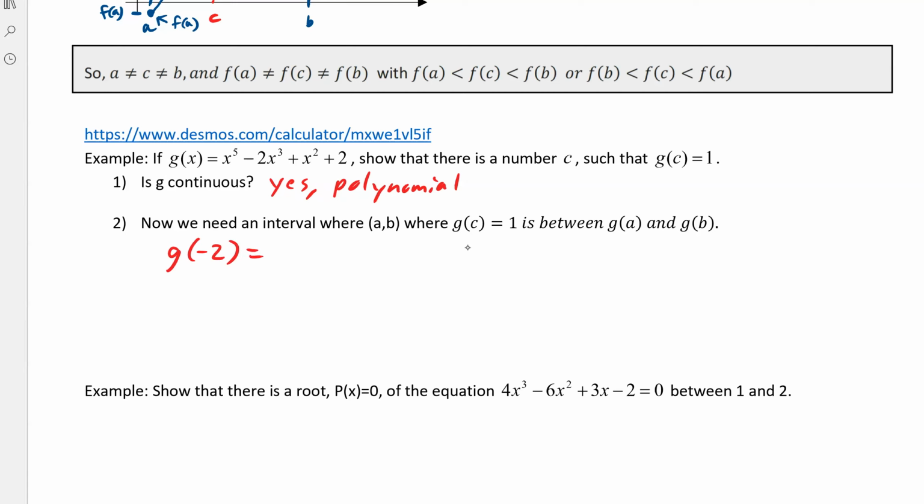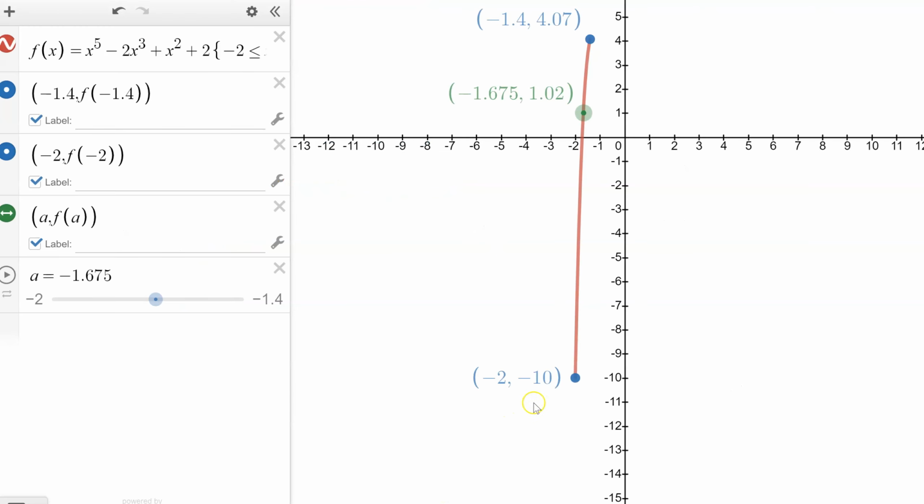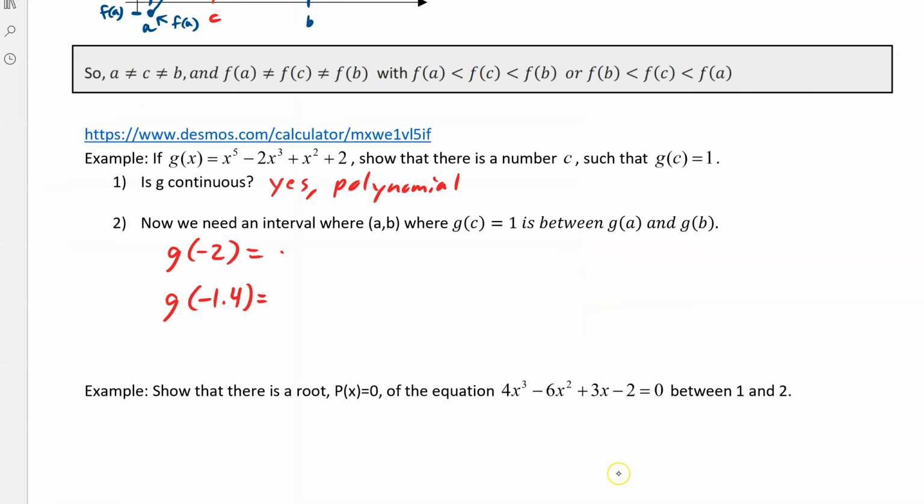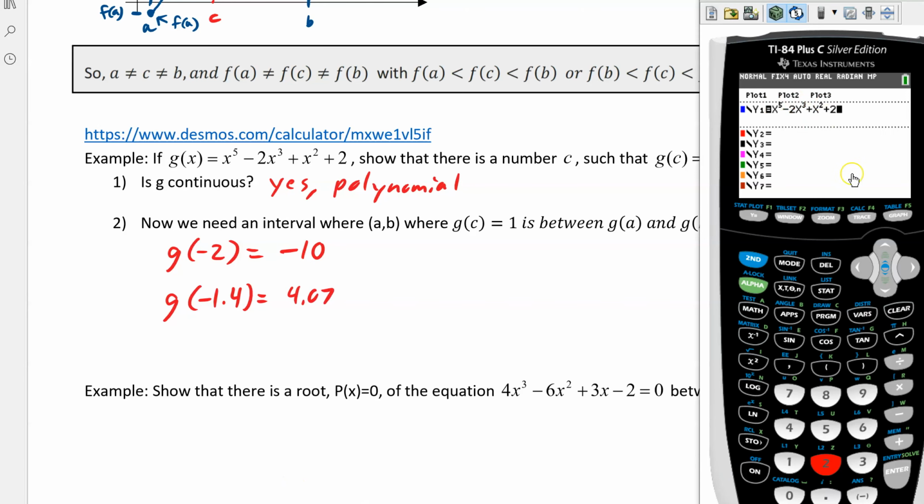So we're going to plug in -2 and -1.4, and you can use Desmos, and we're going to get -10 and 4.07. Or you could take the graphing calculator, plug it in there, and hit zoom 6 to get an idea of what the graph looks like.